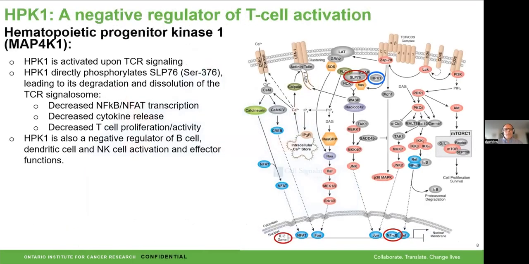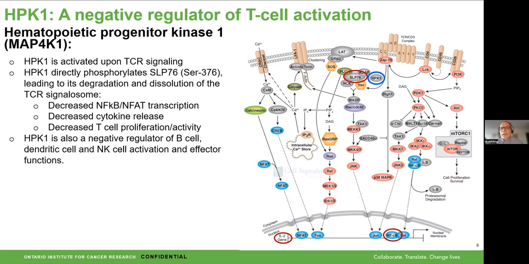Just to speak a little bit more about HPK1, HPK1 is in a number of cells in the immune compartment, but most notably cytotoxic T cells. Essentially what it does is dampen the signal transduction cascade between the TCR receptor and the nuclear receptors, which are involved with stimulation of the immune compartment.